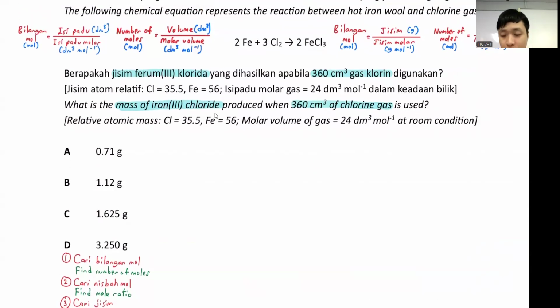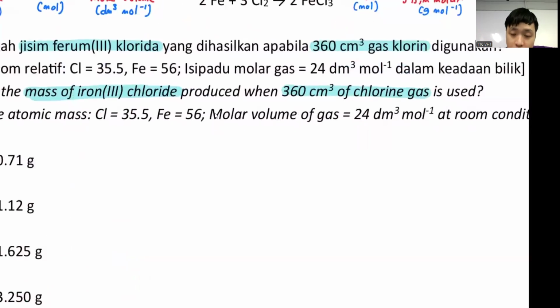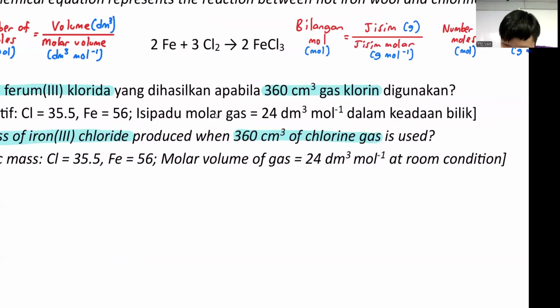Now they give you volume first. So, volume of what? Chlorine gas. Which one is chlorine gas? Cl2, right? So below Cl2, you write 360 cm3.